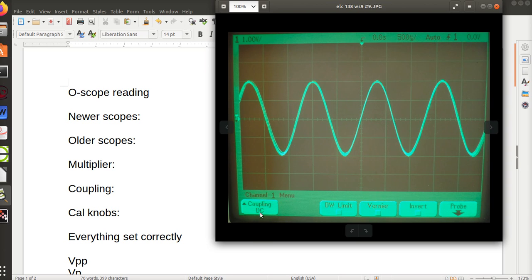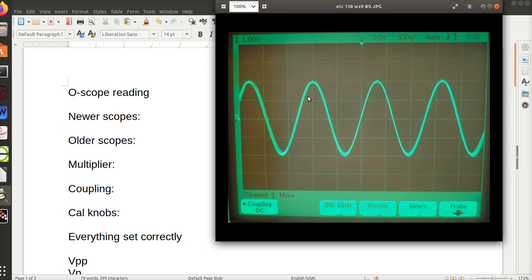So DC coupling will show you DC, and it will show you AC. AC coupling will only show you AC, and what it does when you go to AC coupling is it centers the waveform around 0, which is what this one's actually doing, but you could have some offset, sometimes you won't.